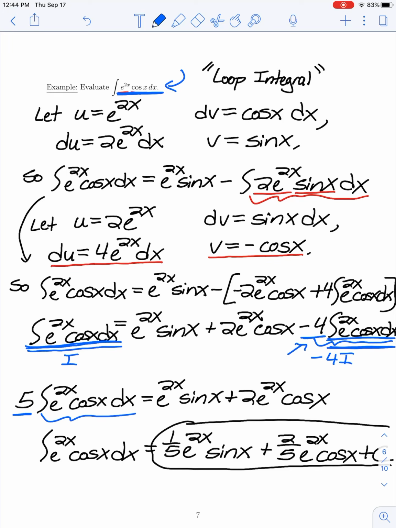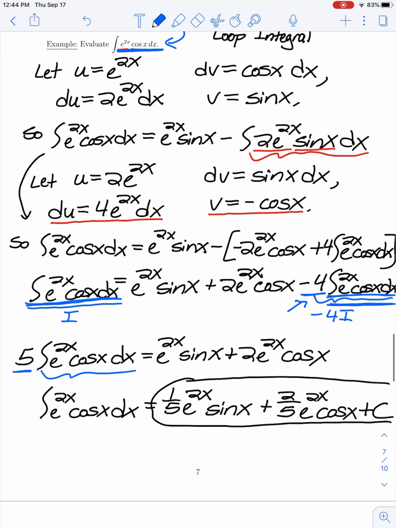So if I then treat that unknown integral as a variable, I can solve for that integral using algebra, and I'm able to obtain my answer. So again, this type of integral will occur when you're trying to integrate the product of an exponential function and a sine or cosine function.